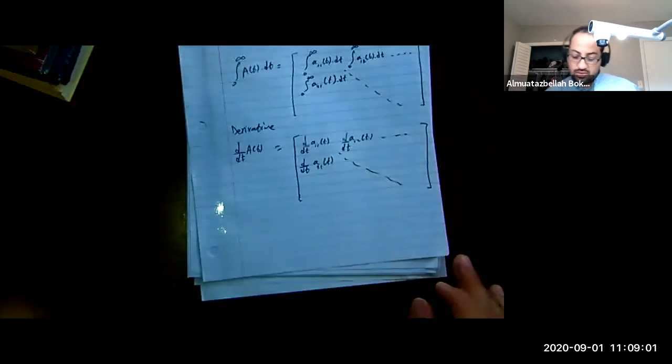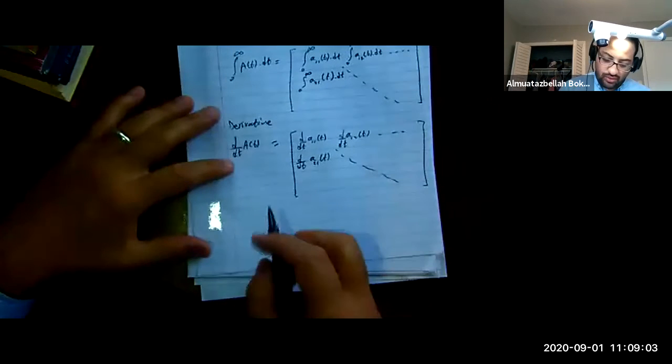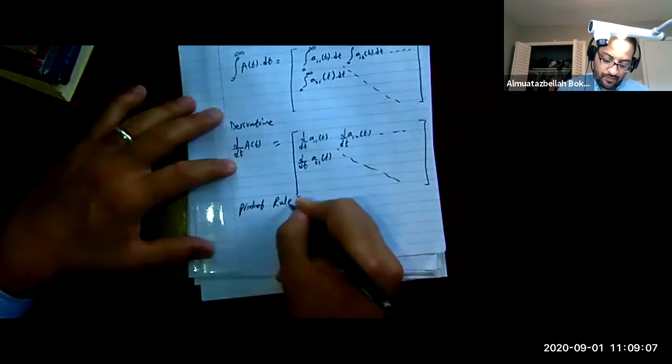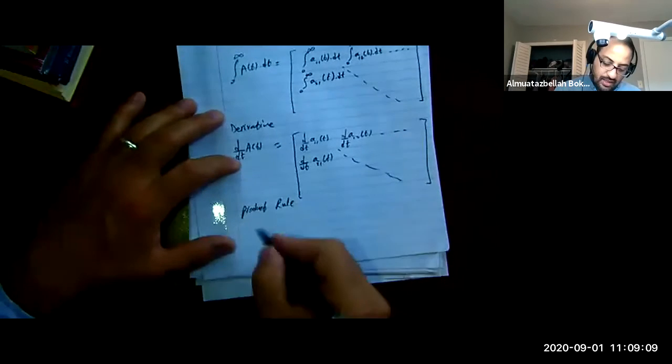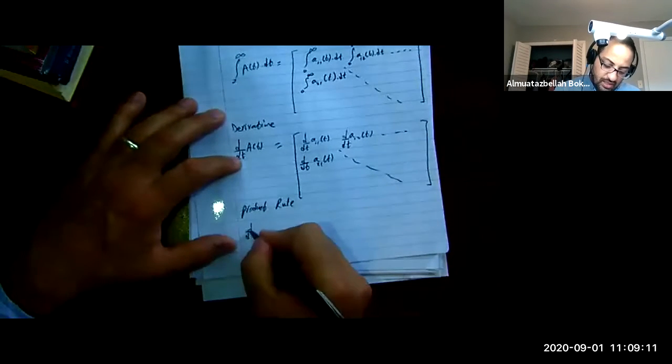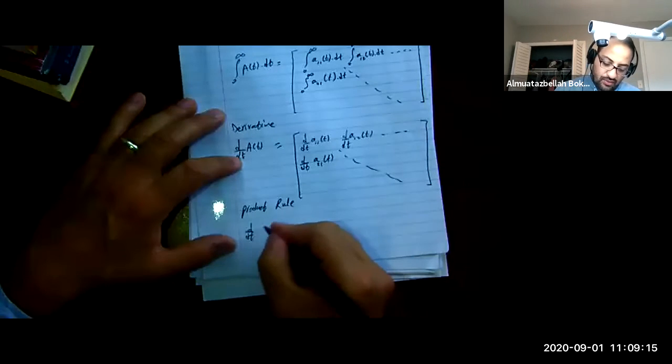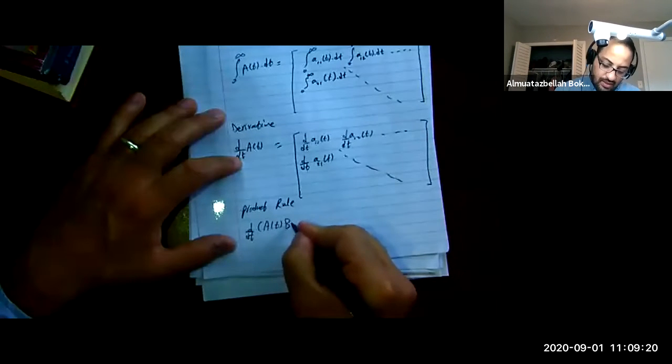Other properties also hold, for example, the product rule. Let's say that we want to differentiate with respect to time, d over dt, A of t B of t.